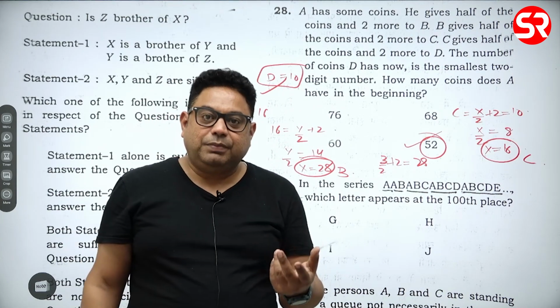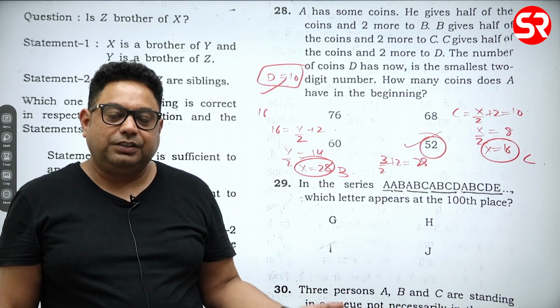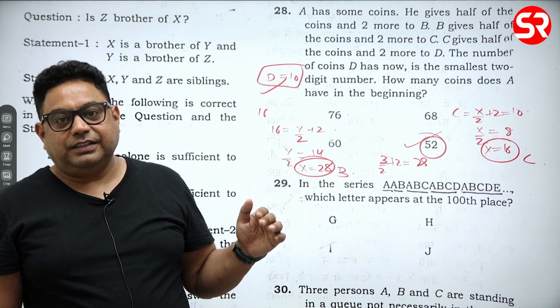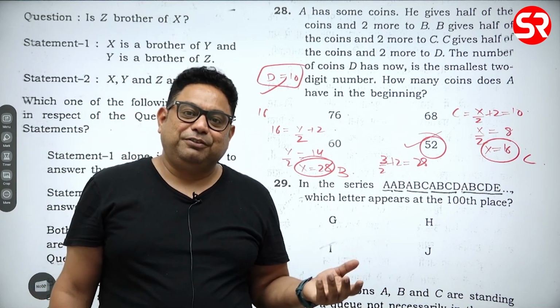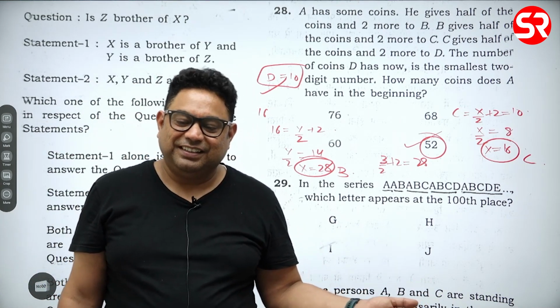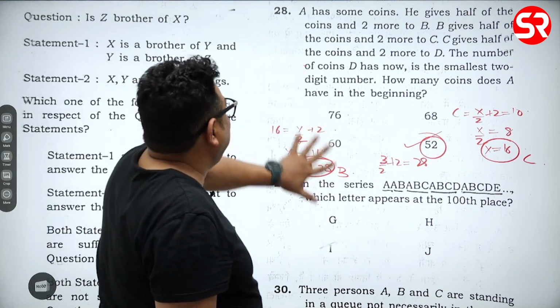Or you could have gone by options. Half of 52 is 26, 2 more, 28. Then 28 half is 14 plus 2, 16. 16 half is 8 plus 2 is 10. The reverse would also work. It can be easily sorted out, guys.